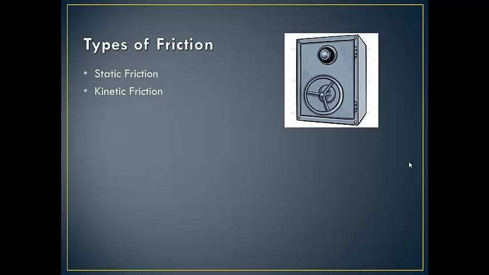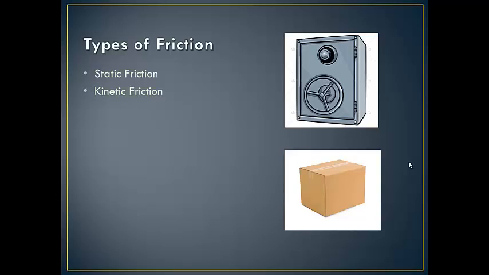We would only be looking at kinetic friction in the example problems, because in all our example problems the object is already moving or has started to move. Kinetic friction can be represented by a cardboard box because we are accustomed to seeing it move.